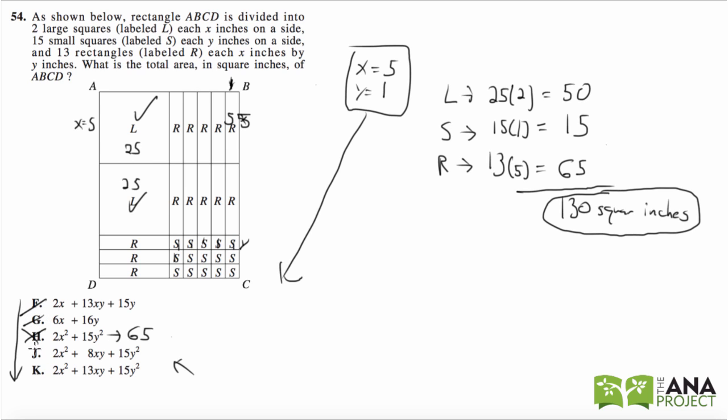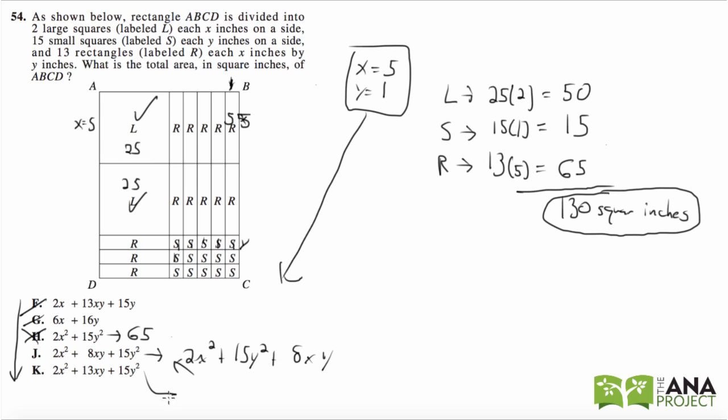I'm going to go bigger. So let's try 8. Look at this. These both have a 2x squared plus 15y squared. So I could just rewrite this: 2x squared plus 15y squared plus 8xy.